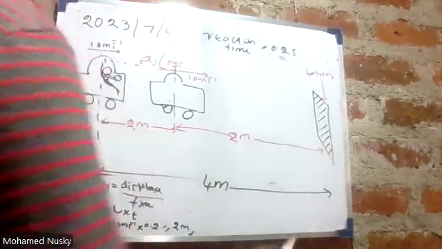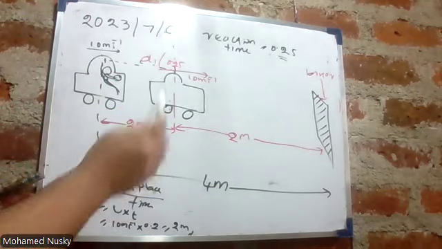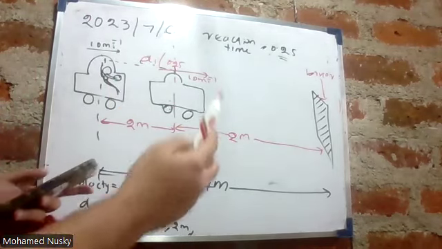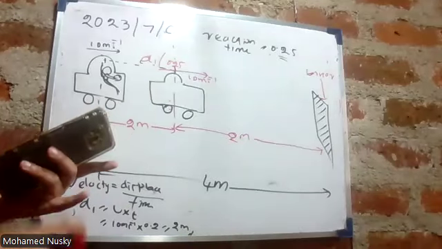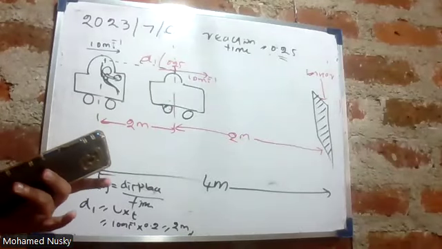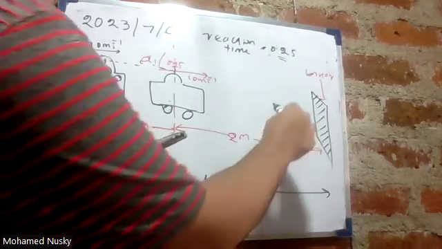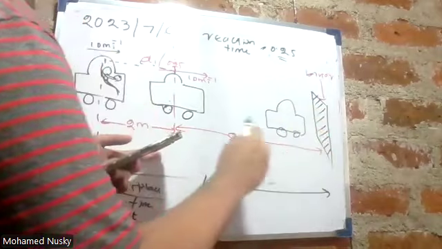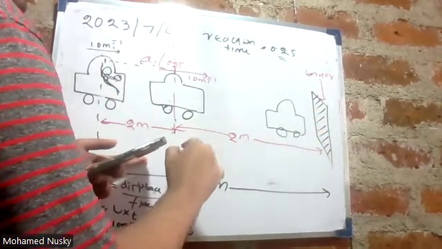What this person is doing, he is applying brake, he is decelerating, and he stops at a displacement of 1.25 meters.